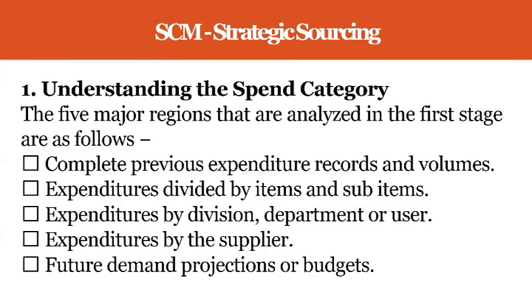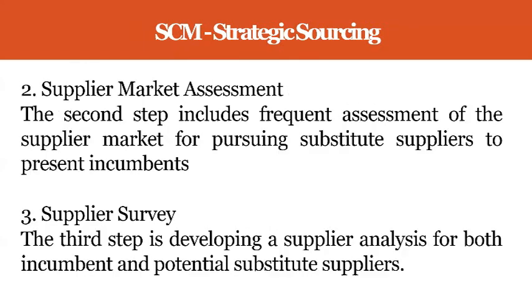So understanding the spend category, the 5 major regions that are analyzed in the first stage: we have the complete previous expenditure records and volumes, expenditures divided by items and sub-items, expenditures by division, department or user, and expenditures by the supplier. And last is the future demand projections or budgets. That is how they categorize the expenses.